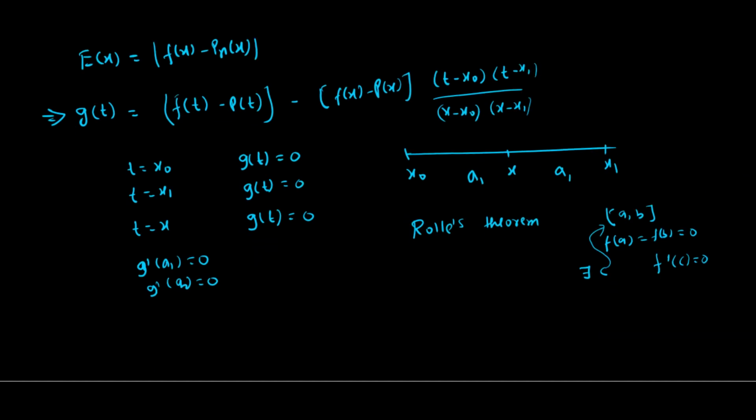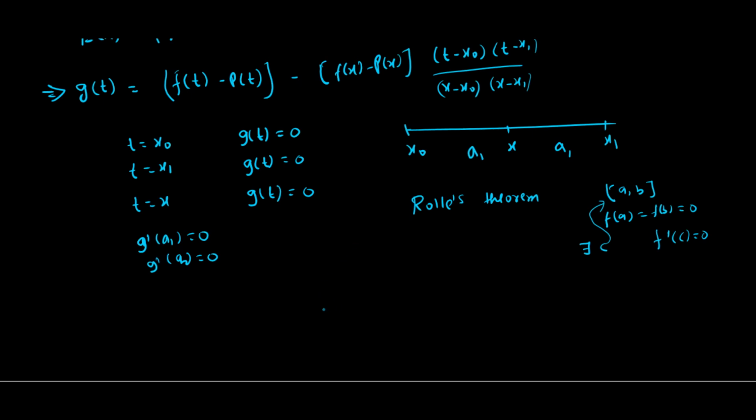And we'll apply the same logic here, that is for these two values a1 and a2, we are having g dash of t equal to 0. Then again applying Rolle's theorem, we will be having a value, let's say a, such that the derivative of g dash of t is equal to 0, or we can simply write g double dash of t is equal to 0 for some value of t which is equal to a, right?